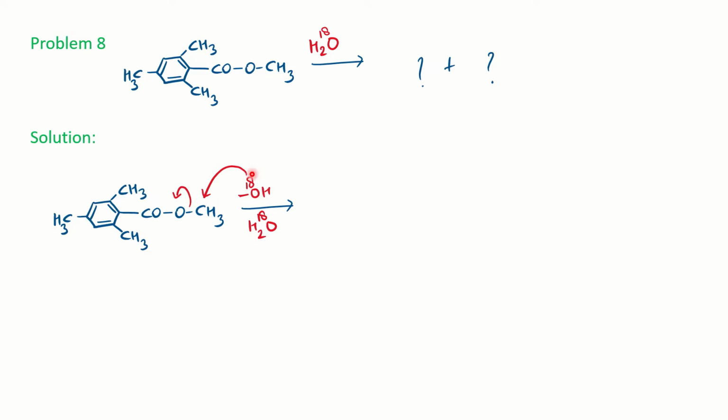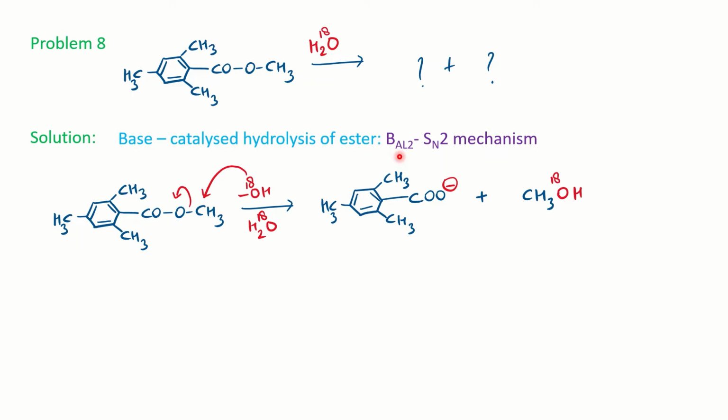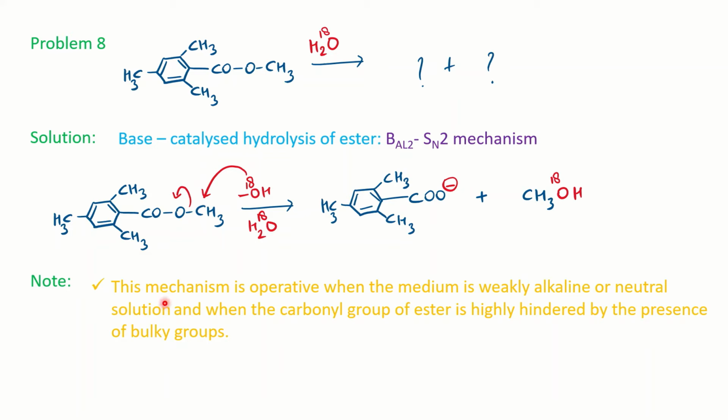So this base will attack through the backside and it is alkyl cleavage, which gives you the isotopic oxygen with the alcohol. SN2 mechanism. So basically the concentration of both affects the rate of reaction. So it is base catalyzed alkyl cleavage, bimolecular, SN2 mechanism. Right? So like that you can solve this problem.